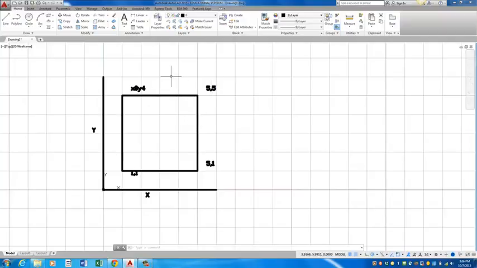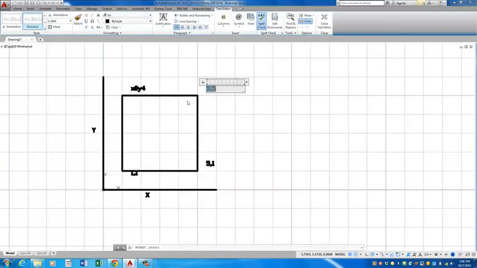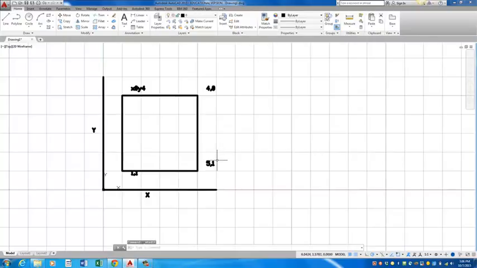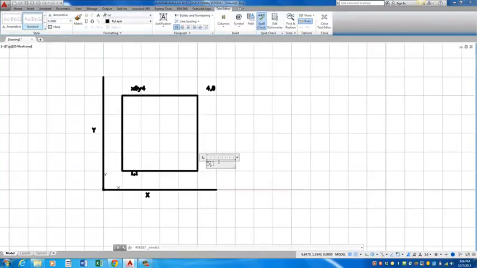Let's plot this point from this point using relative coordinates. So this point from here is 1, 2, 3, 4 in the x direction. So it would be 4, comma 0. This one would be 0, comma negative 4.